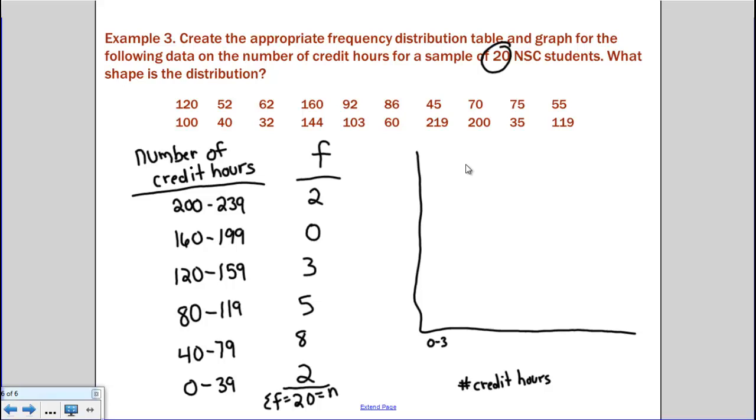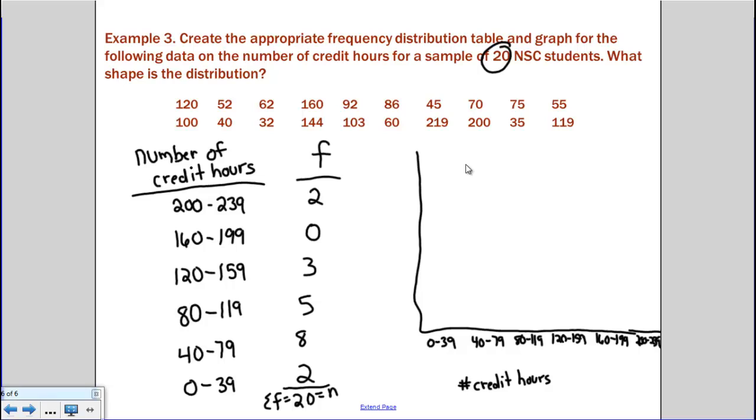So between 0 and 39 credit hours, 40 to 79 credit hours, 80 to 119 credit hours, 120 to 159 credit hours, 160 to 199, and then 200 to 239. Should have made myself some more room there.